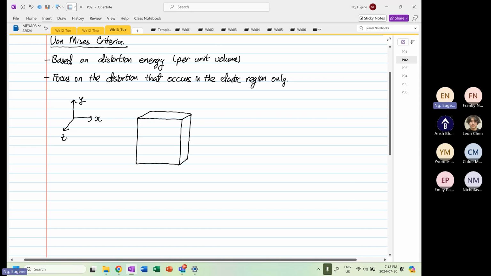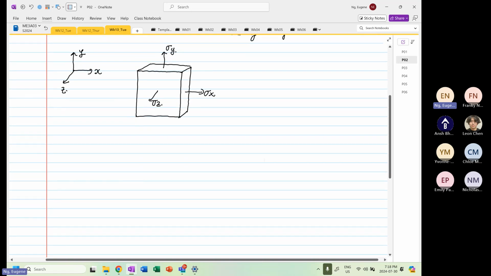On our element, we have stress X, stress Y, and stress Z. And the distortion energy, I'm not going to derive the distortion energy equation, but I'm just going to tell you the form of it.